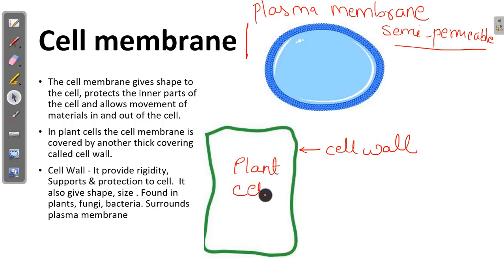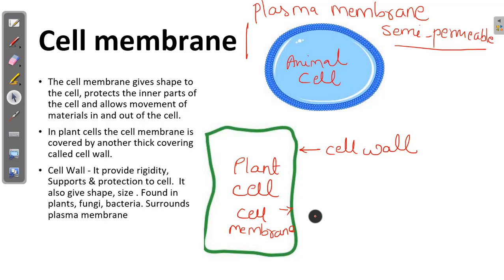The additional door is present only in plant cell, whereas animal cells do not have an additional door. They have only one protection, that is plasma membrane or cell membrane. The inside one will be the cell membrane, whereas the outside one will be the cell wall.